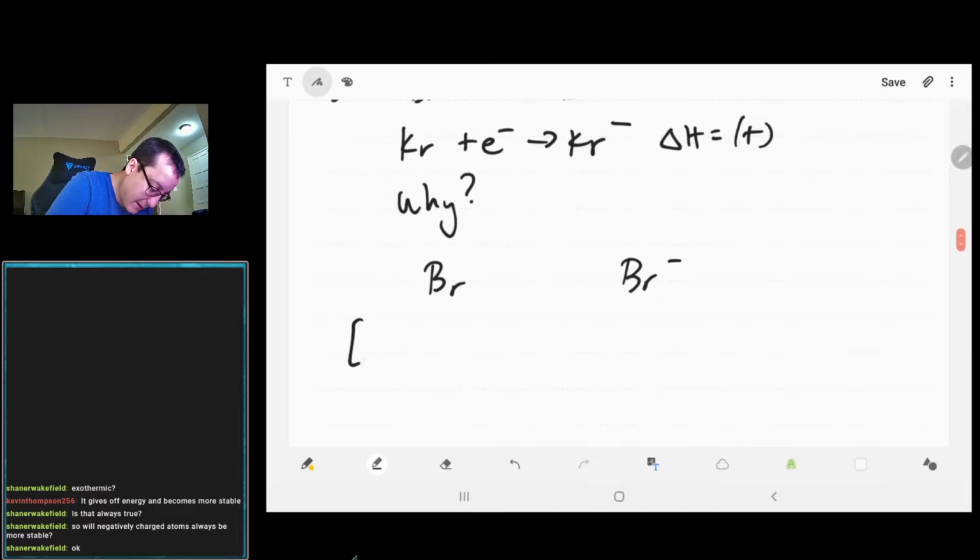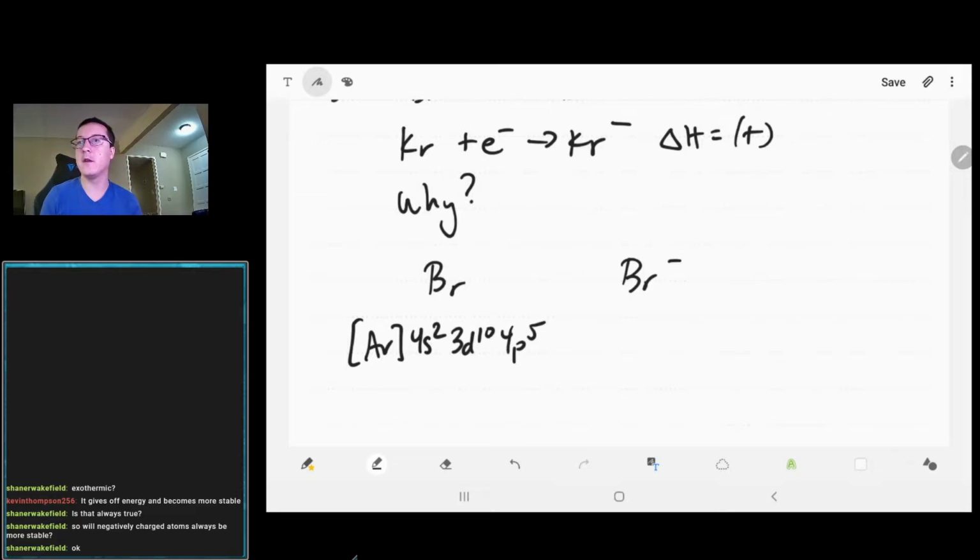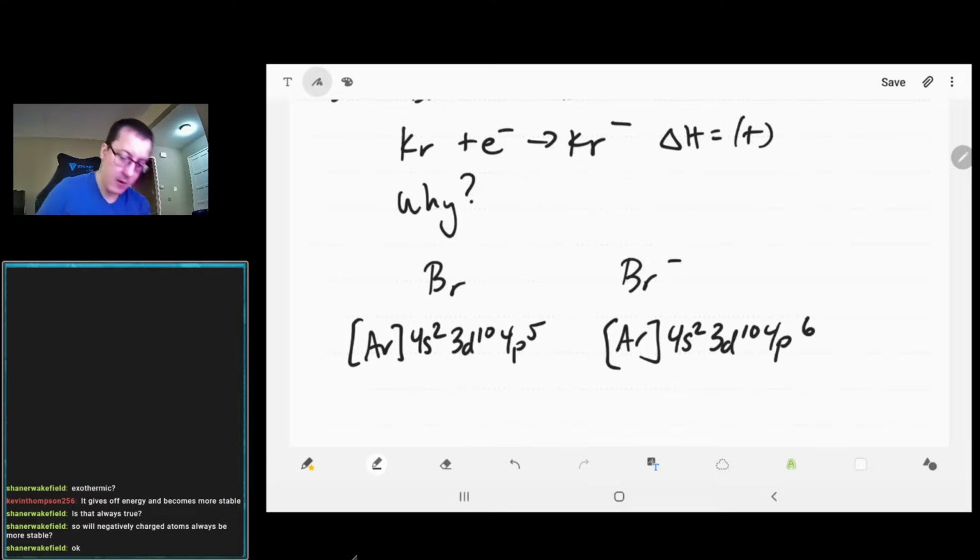So bromine is argon 4s2 3d10 4p5, right? And for bromide, we have this one.